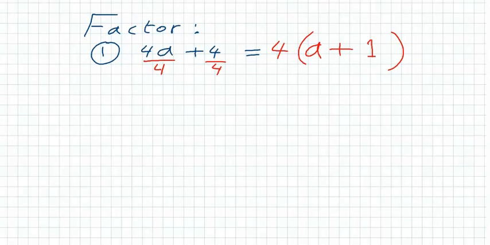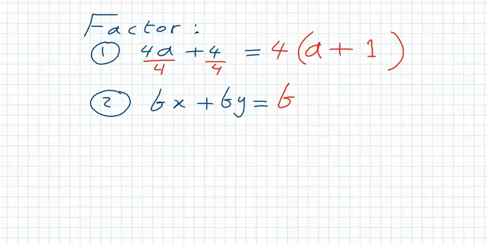Let us do another example. bx plus by. You can see that b is in the two terms in the expression. So we will take b as a common factor and then open the parentheses.